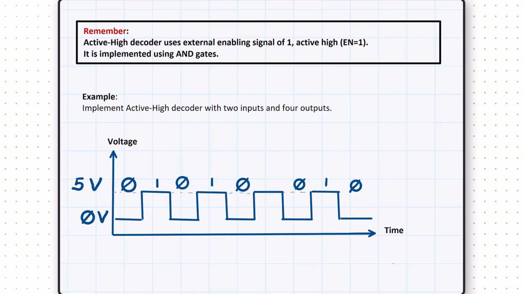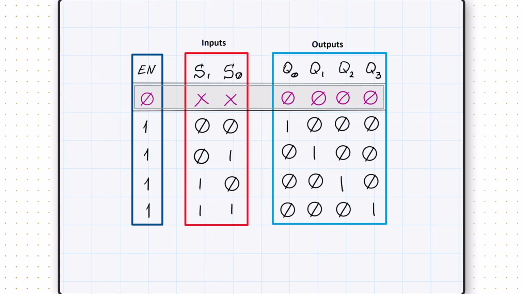Considering this, we will move to the next step, which is creating the actual truth table, and here is what we have. The enabling input signal could have a value of 0 or 1, and because we are talking about an active high decoder, the value of 0 for the EN signal is going to correspond to an input combination which is our don't care.